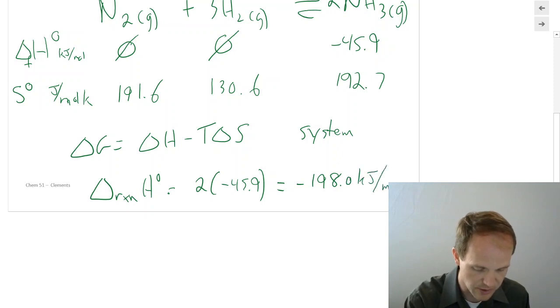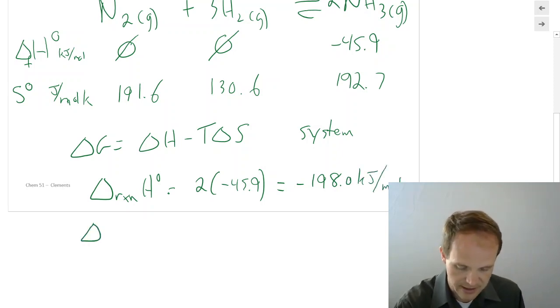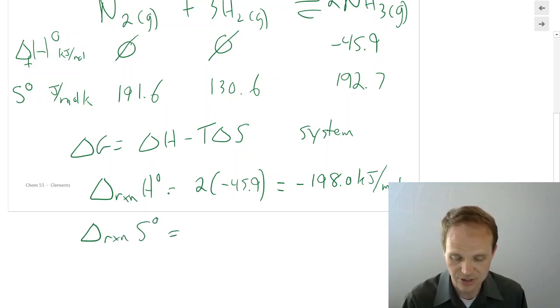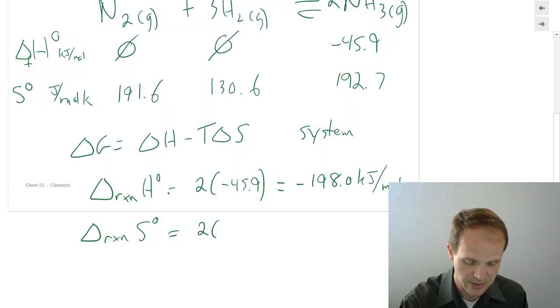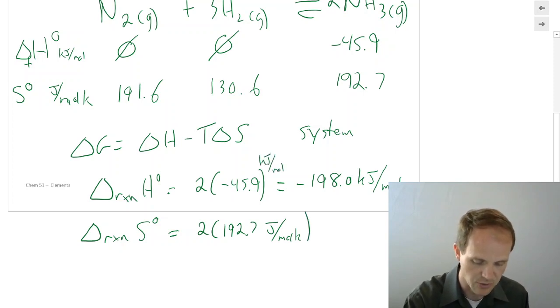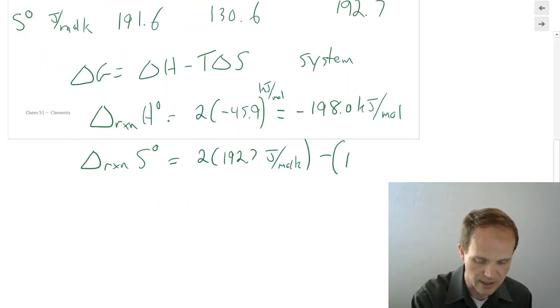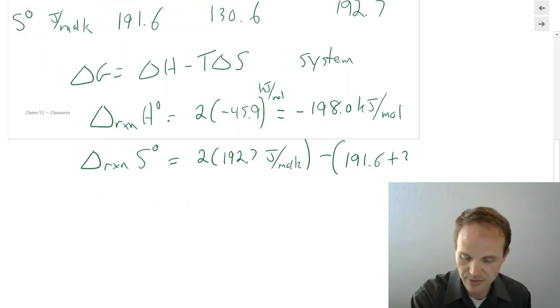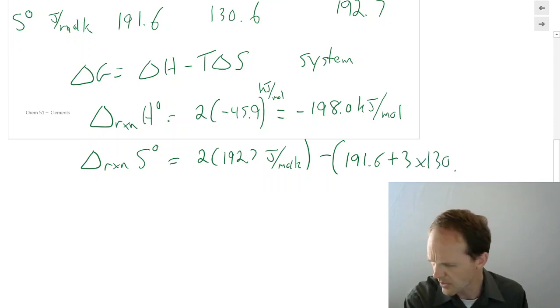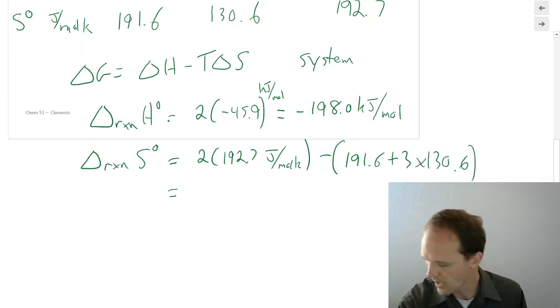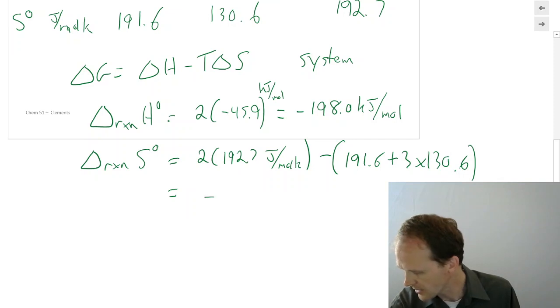And our delta S of reaction, here we have a delta because we're calculating the change, products minus reactants, 2 times 192.7, all joules per mole Kelvin, and I should put my units up here, kilojoules per mole on this guy, joules per mole Kelvin, minus the sum of 191.6 plus 3 times 130.6.